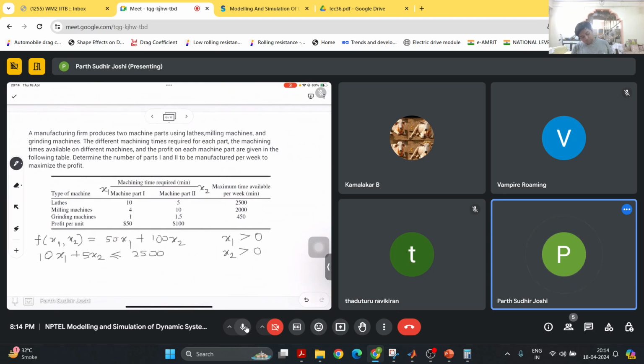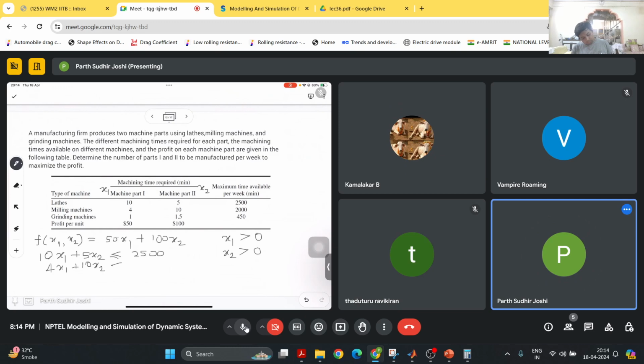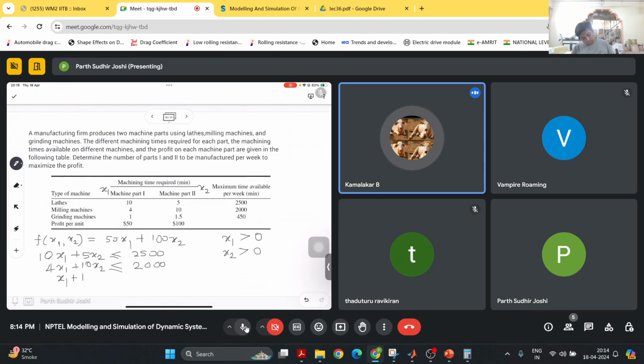Similarly, 4x1 plus 10x2 less than or equal to 2000. And then x1 plus 1.5x2 less than or equal to 450.